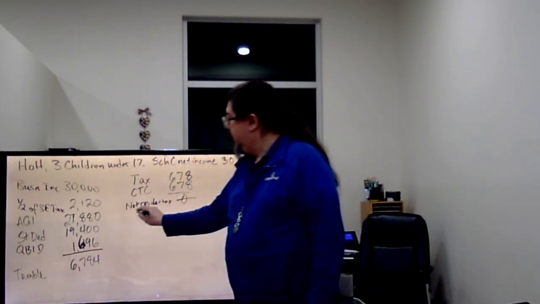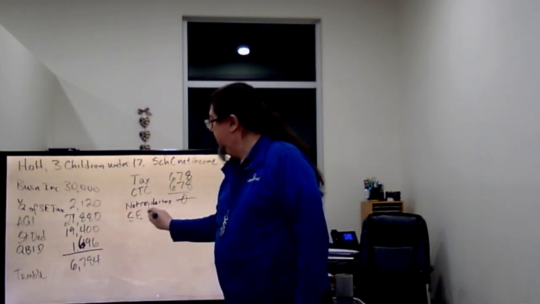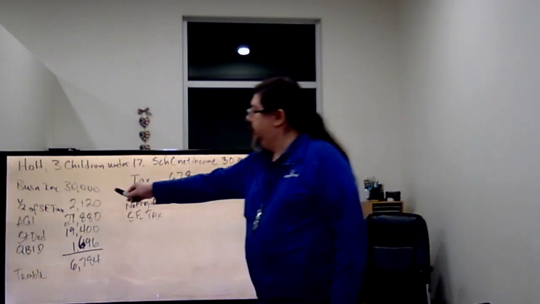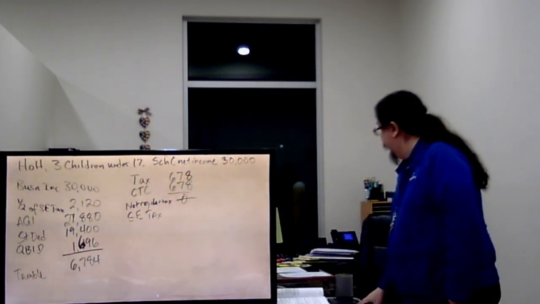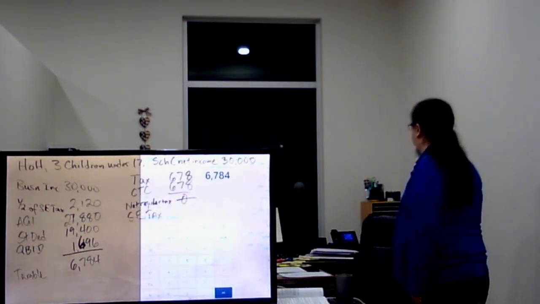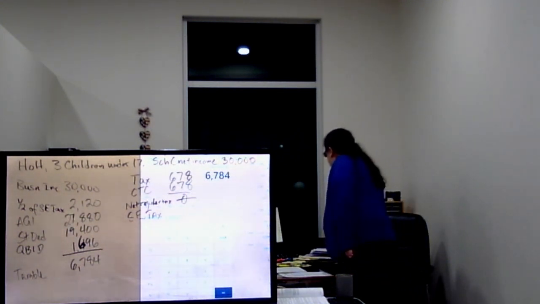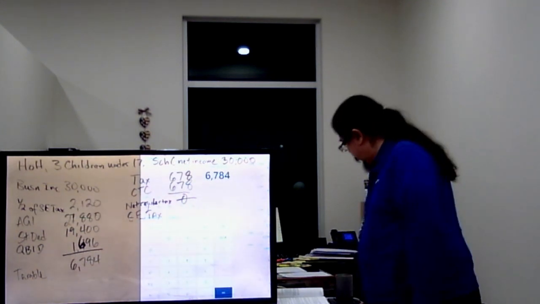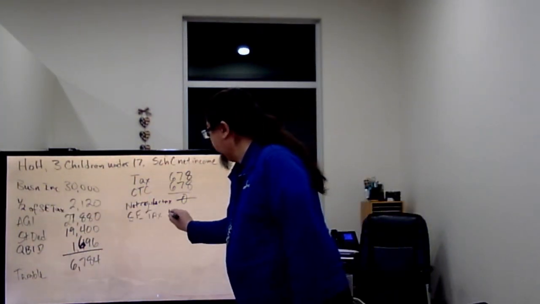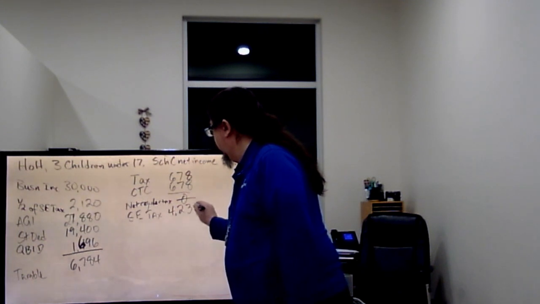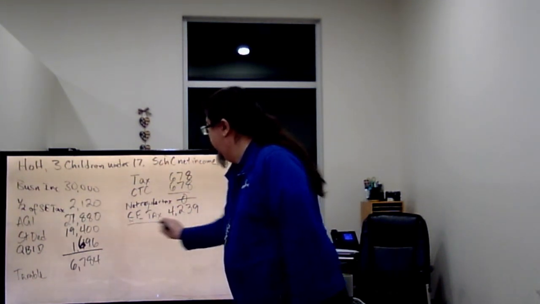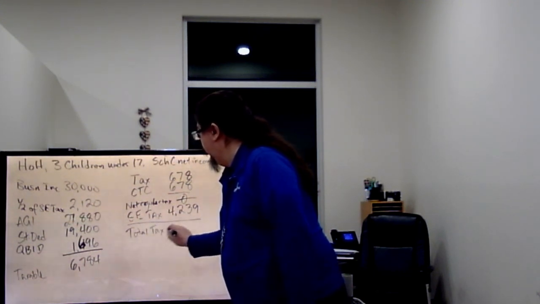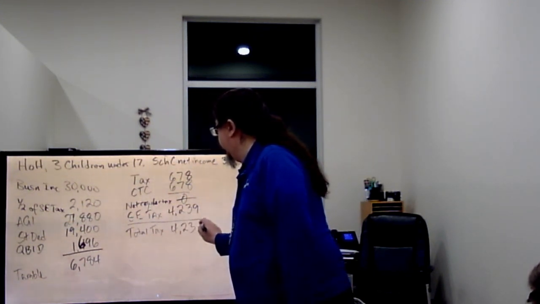And now we add on their self-employment tax, which is the 30,000 times basically 14.13%, which was $4,239. So total tax is $4,239.